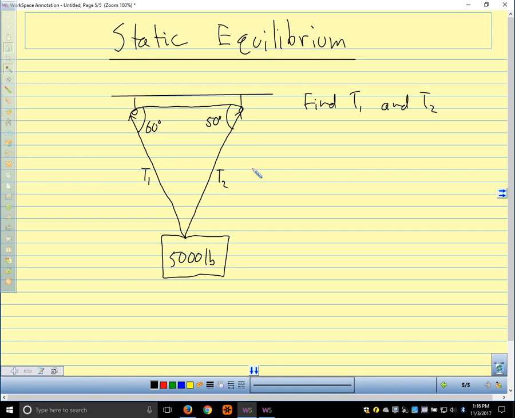And we're going to break the vector into parts that are vertical and parts that are horizontal. And with static equilibrium, the key is the vertical portions have to support the weight.